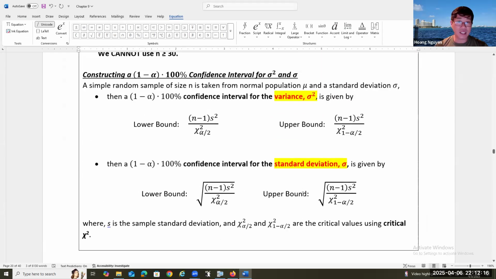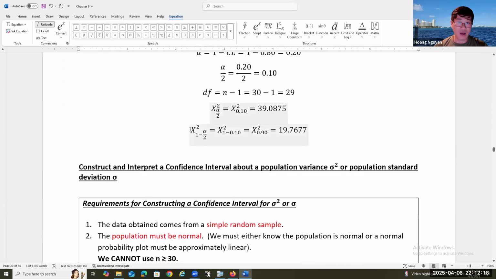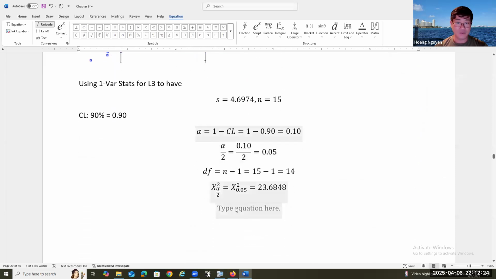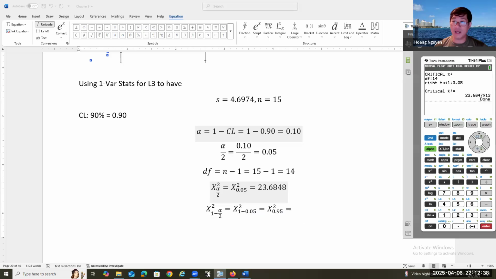Now, similar idea, I'm gonna use the same program to find the second critical value, which is the chi-square of 1 minus alpha over 2. So this is gonna be 1 minus 0.05, which is 0.95. We're gonna use the same program, Math 200B.